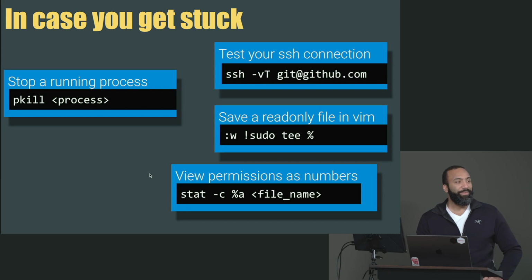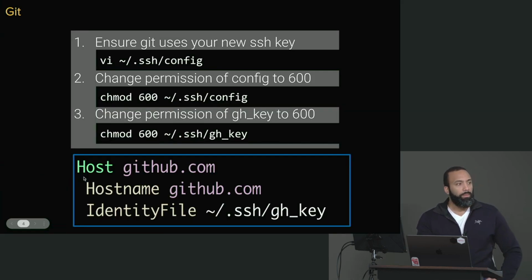Yes, question? If the last error message we get on the test run is "authenticity of host GitHub cannot be established," would that mean that we copied the public key wrong somehow? Authenticity of host. Well, that should be right. It usually throws up the authenticity warning because you've never connected, and you say yes.